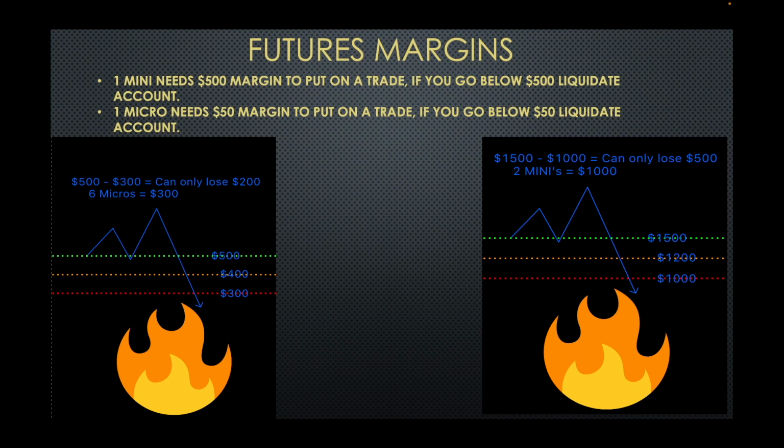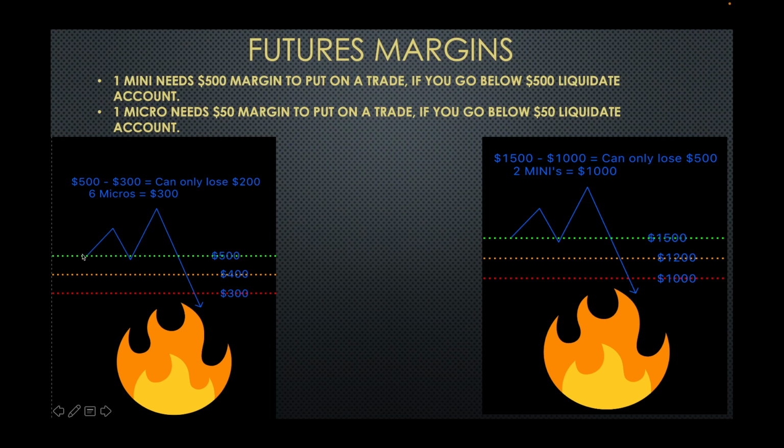For example, we'll say for micros, you have $500 like this picture. You have $500 in your account. You're going to choose to trade 6 micros, which is 6 times $50 for the margin, $300. So right away, that $300 is the margin you need to keep in that account or it'll close.